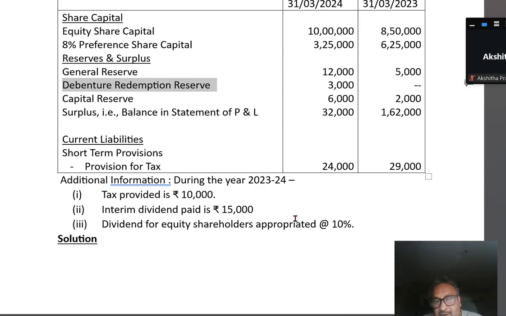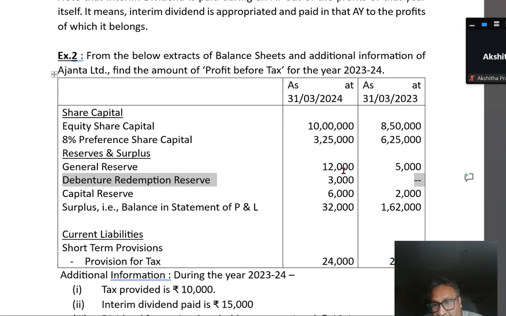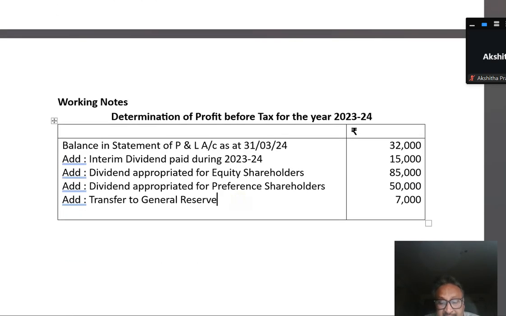Debenture redemption reserve is also a reserve of revenue nature in which at the beginning of the accounting year 23-24 or at the end of previous accounting year 22-23 there was no balance, but by the end of the current year the balance has increased by 3,000. It means this 3,000 also has come here from current year's profits. So that also would be added here.